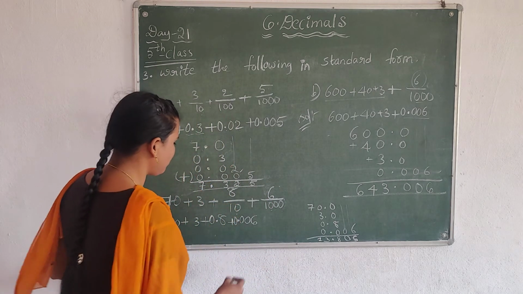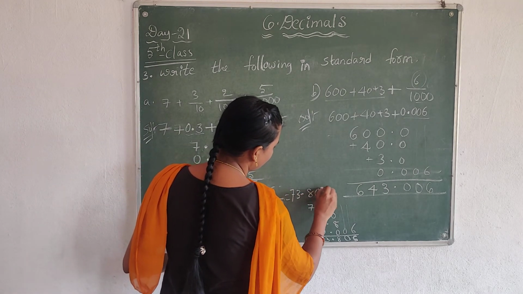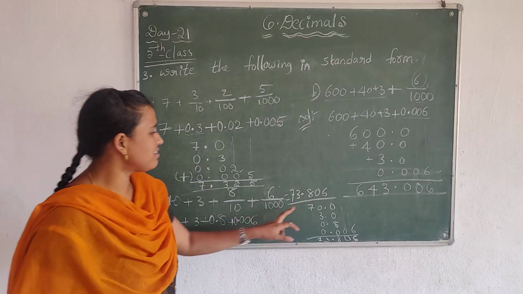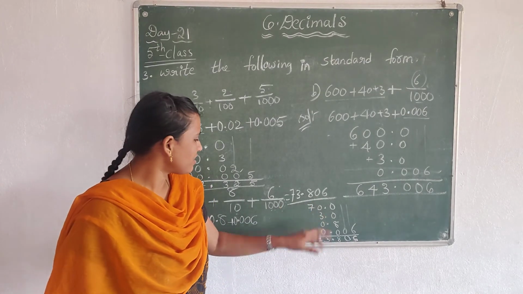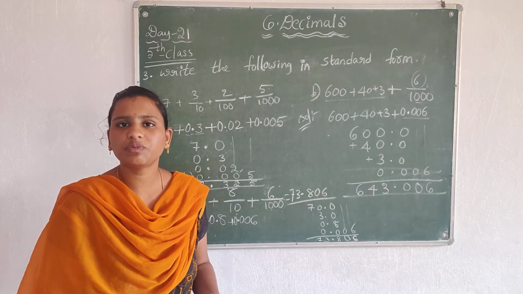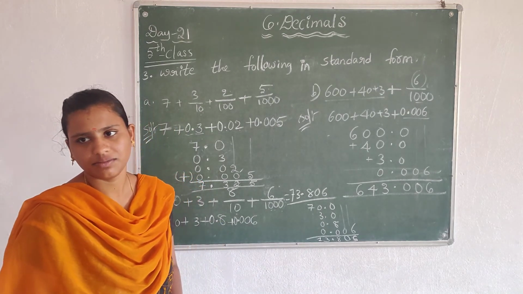The answer is, see here, 73.806. Let's see all of you. 8 is in the tenths place, 6 is in the thousandths place. 0 has 0 in the tens place. So here we don't have which place? Tens place. Okay, but you have to mention that.